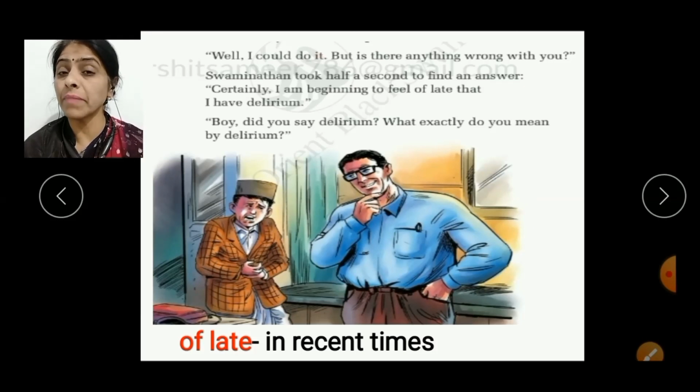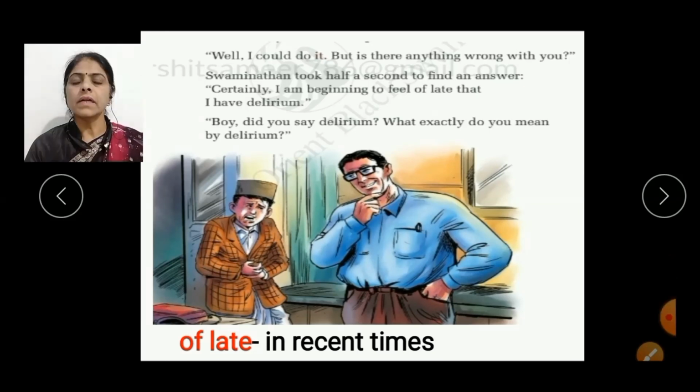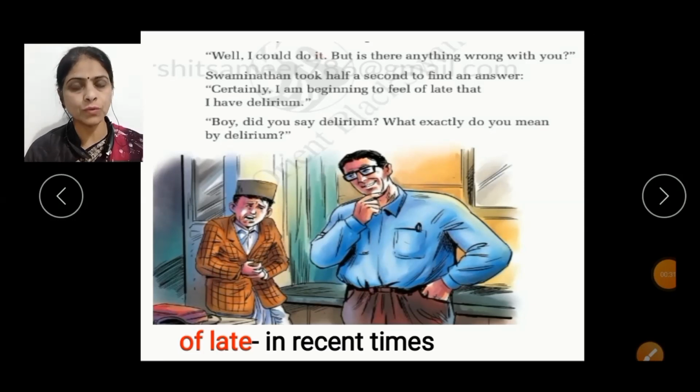And further he mentioned that in recent times, he felt that he had delirium as a problem. Listening to that, the doctor got surprised and asked Swami if he knew the exact meaning of delirium. Then, what was the answer of Swami? Let's know on the next slide.